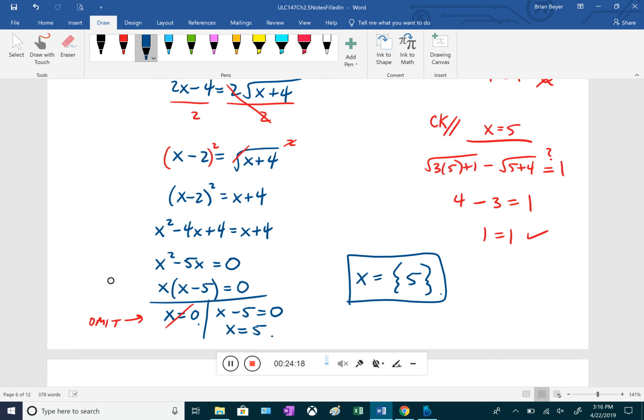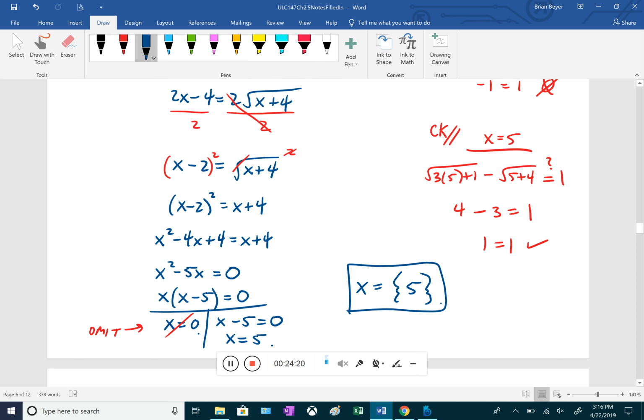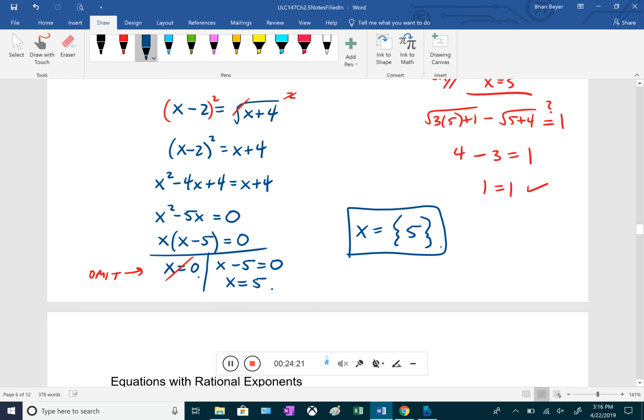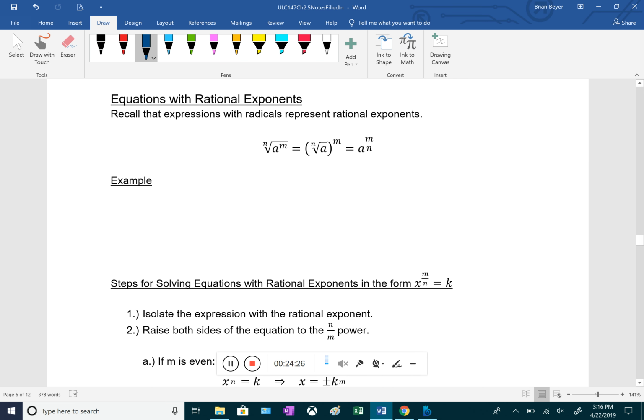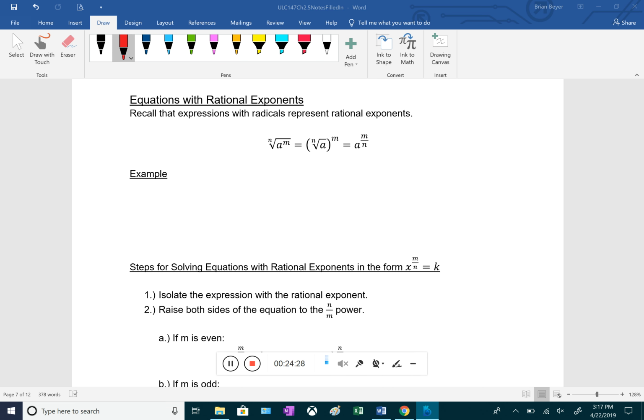Okay, so obviously that one is pretty long, but let's move on to the next thing now with rational exponents. Recall that expressions with radicals represent rational exponents. Like the square root of x is x to the 1/2 power, but we can have other roots as well. We can have any number.